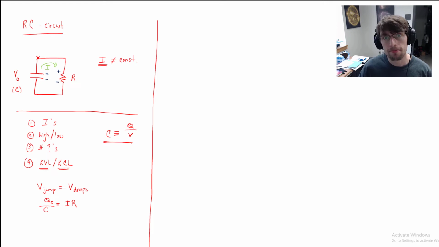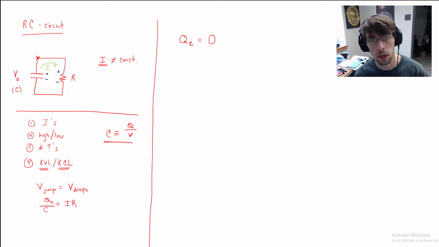Now I want to think about this charge on the capacitor for a moment, the Q_C. And I'm going to think of it as being some initial value, which I'll call Q naught. And then as I hook up this resistor, I start drawing charge off of the capacitor plates. I'm going to think about if I draw the smallest charges possible off that plate, one at a time.